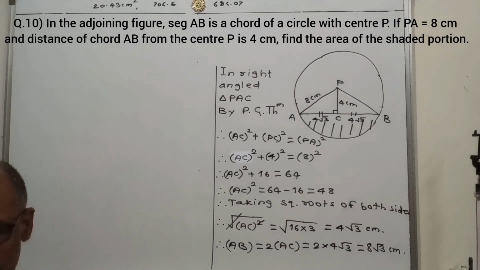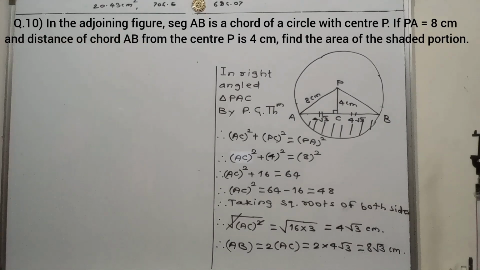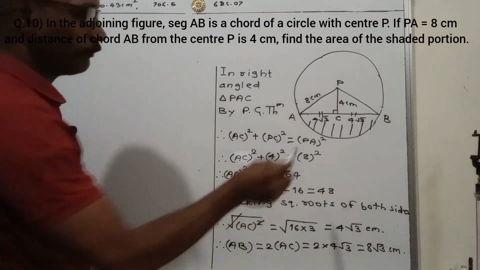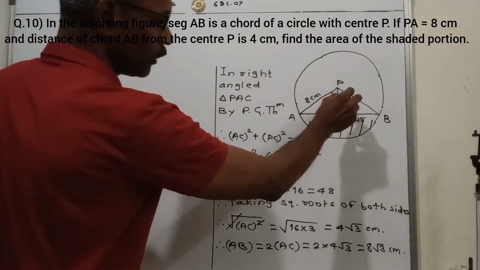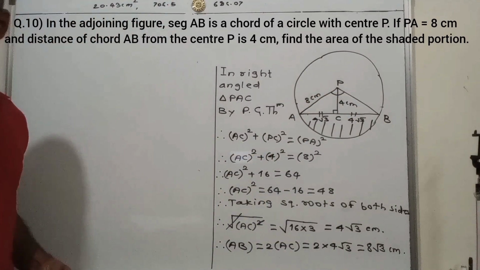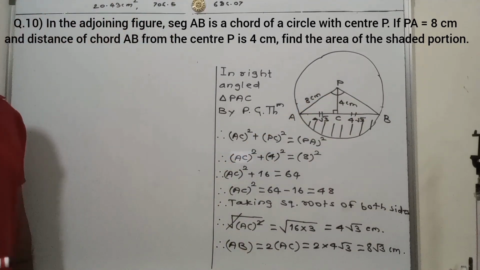This is our AB. Now, when we find area of any given sector, then we want central angle theta. So first we will find out central angle theta.